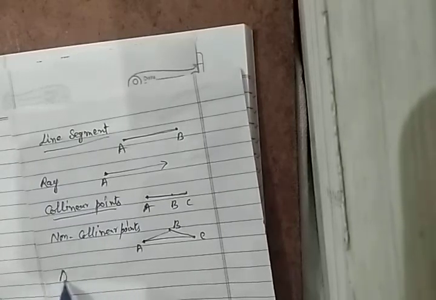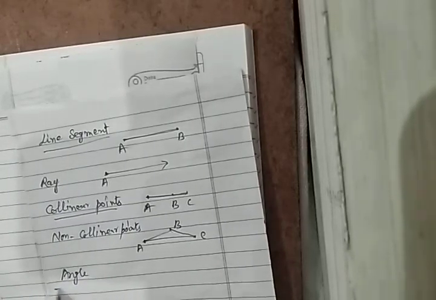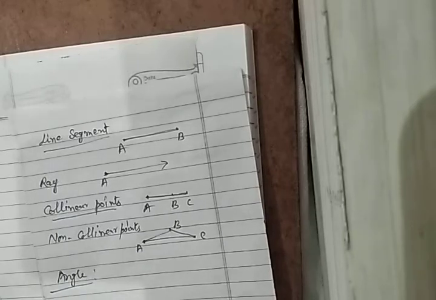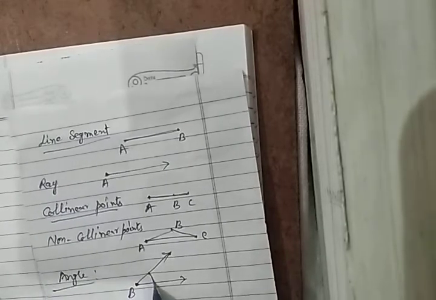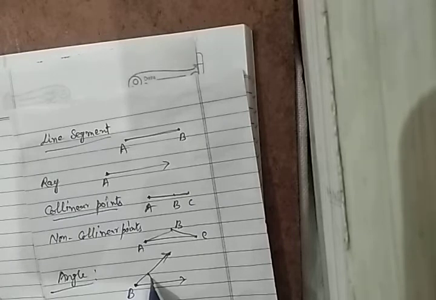Now angles. We have discussed in 5th chapter about angle. So angle is made by 2 rays joining at a common point. So the inclination between 2 rays is known as angle.